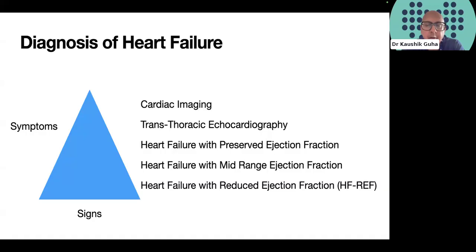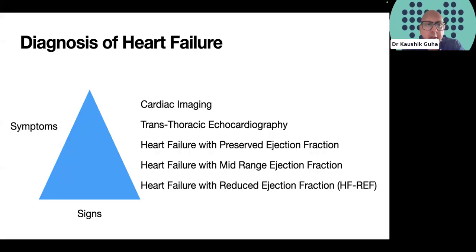So heart failure with preserved ejection fraction means that the patient's left ventricle is contracting normally, but there is an issue with diastole, and the left ventricle may be thicker and stiffer, preventing the transit of blood through the heart during diastole. Heart failure with reduced ejection fraction is fairly straightforward, that the patient's systolic function has become compromised and is weakened, and an ejection fraction below 40% is used to define that class. And this again is focused on the left ventricle.